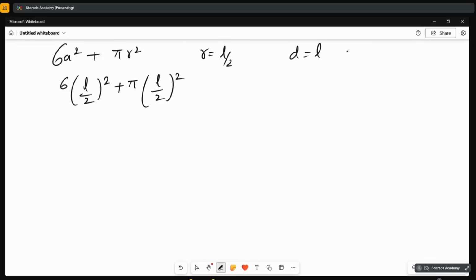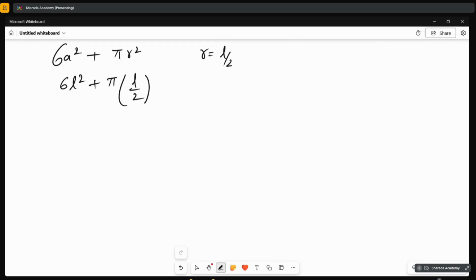Diameter is L, so radius will be L by 2. 6 squares for the cube. The cube's side is also L, so L square. Correct. This is L square plus L by 2 whole square.